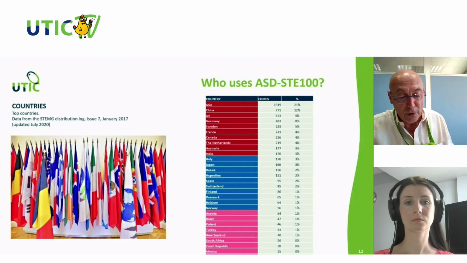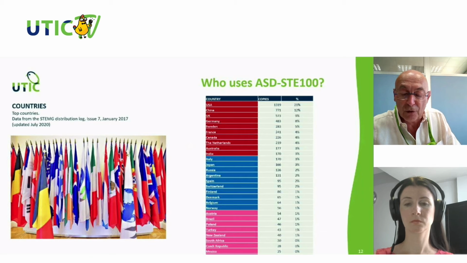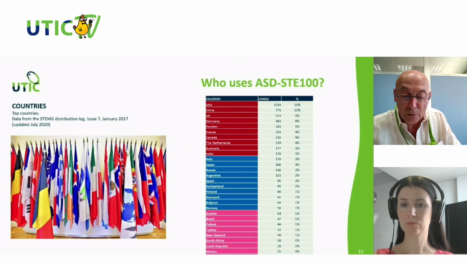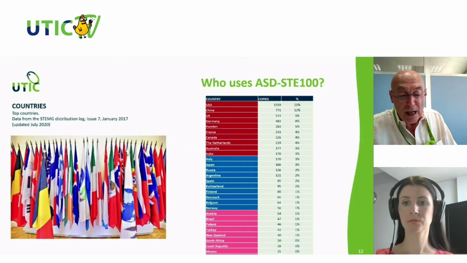And then in the next slide, you can see the distribution by continents. You can see that Europe is in the first place with 36%, followed by North America with 25%. And then we have also Asia with 21%.